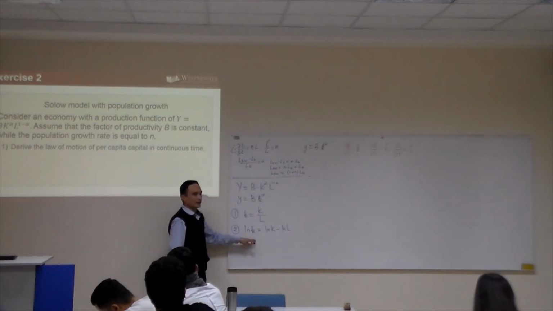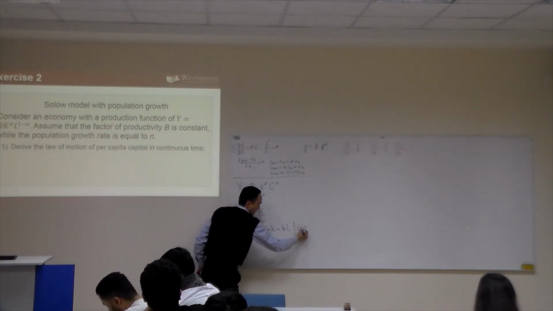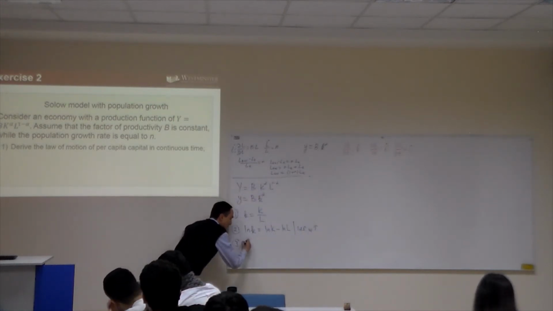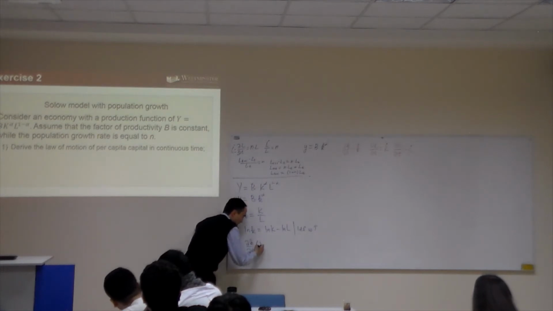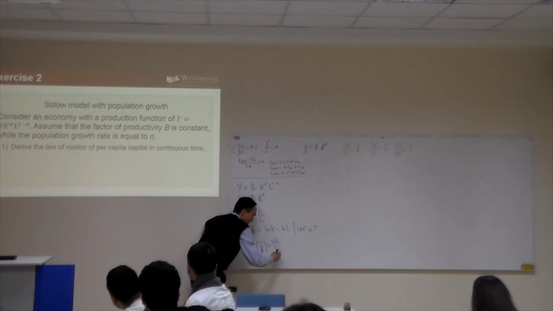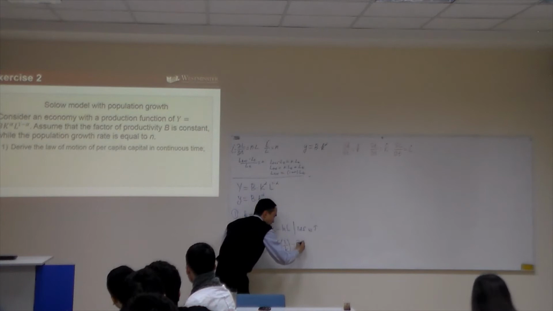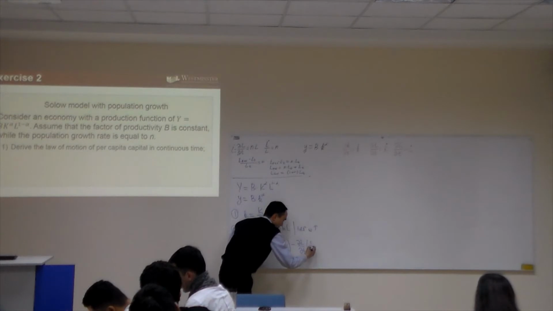Then, step 3, we took the first difference with respect to time. So the change in per capita capital with respect to time times the first difference of ln K, which is 1 over per capita K, is equal to the change in capital stock with respect to time times 1 over capital stock minus the change in labor with respect to time times 1 over labor.